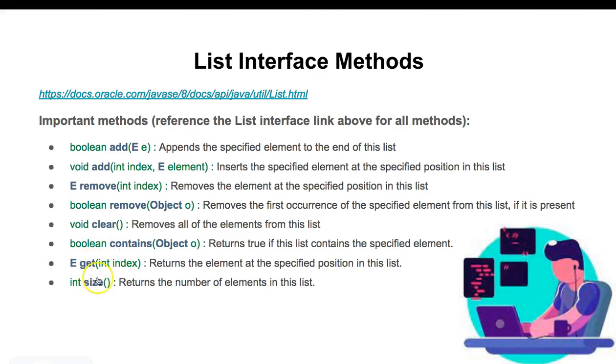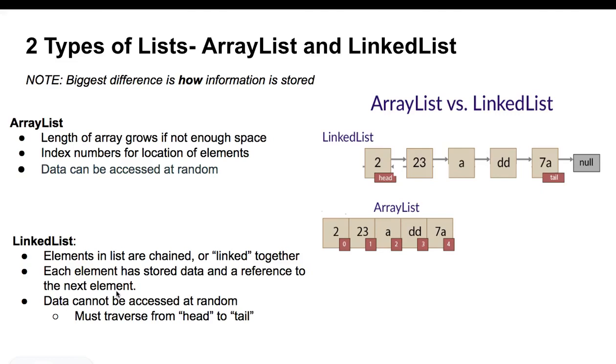The last thing that we want to know is the size method. This basically returns the number of elements in the list. Very similar to the length of an array, but given that the list is constantly fluctuating, we want to use size. List interface methods typically don't have anything for length.